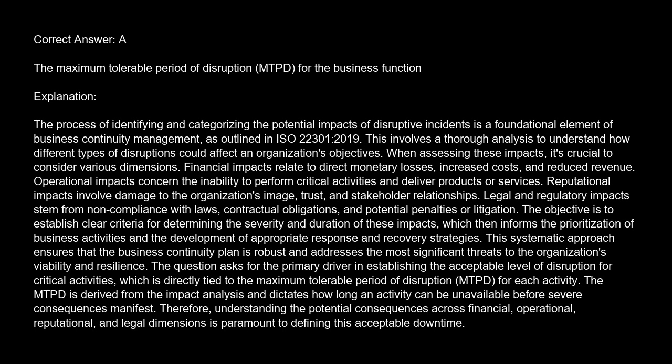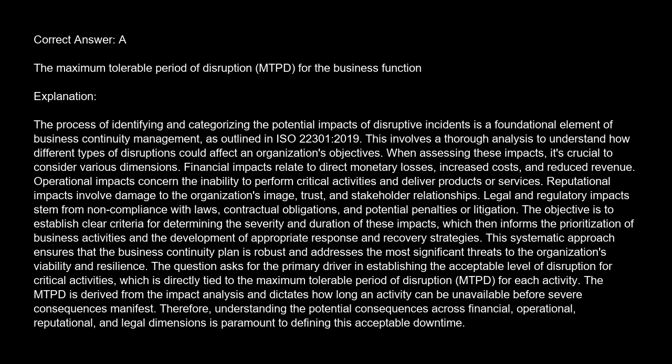The objective is to establish clear criteria for determining the severity and duration of these impacts, which then informs the prioritization of business activities and the development of appropriate response and recovery strategies. This systematic approach ensures that the business continuity plan is robust and addresses the most significant threats to the organization's viability and resilience.